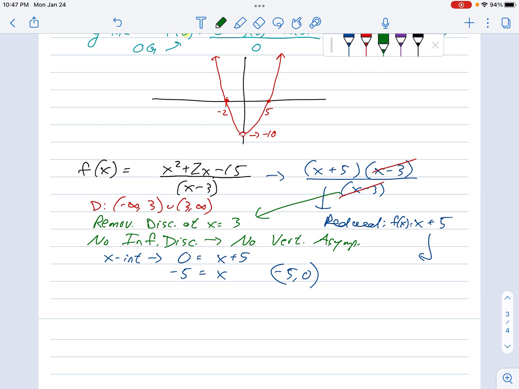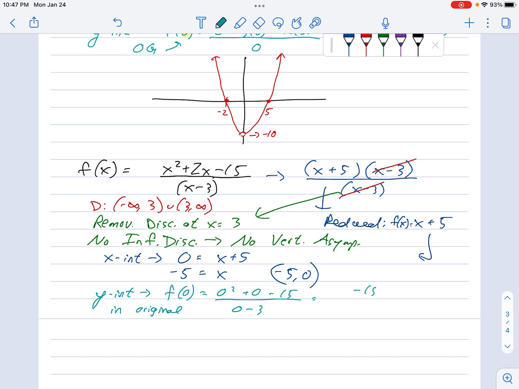It's a little tricky. And then my Y-intercept, take the original, and I'm plugging in 0 in the original. And I'm getting 0 squared plus 0 minus 15, very nice, over 0 minus 3.